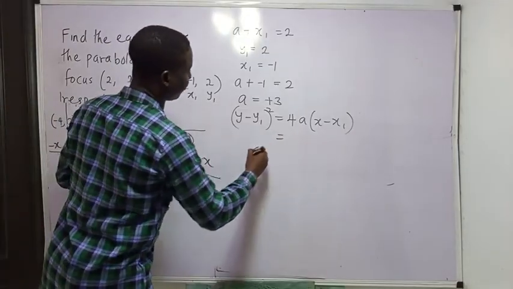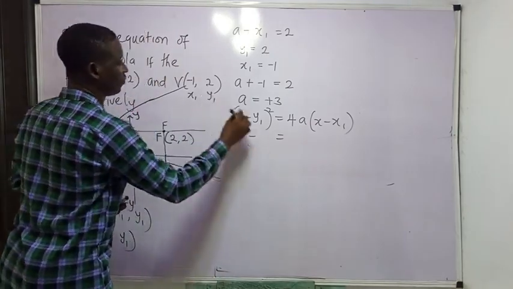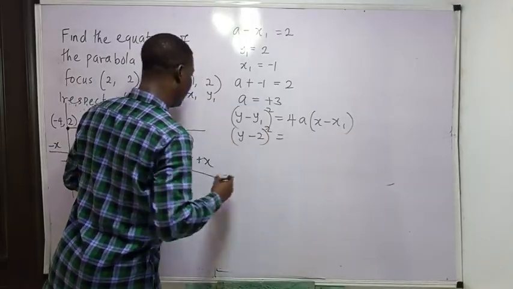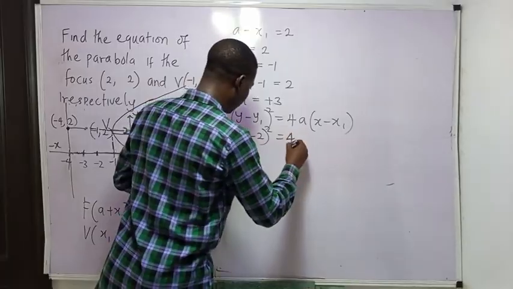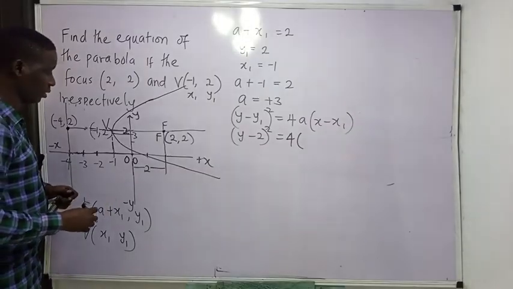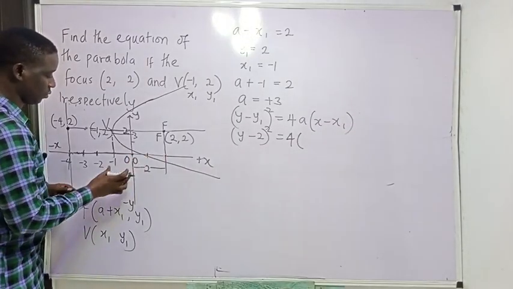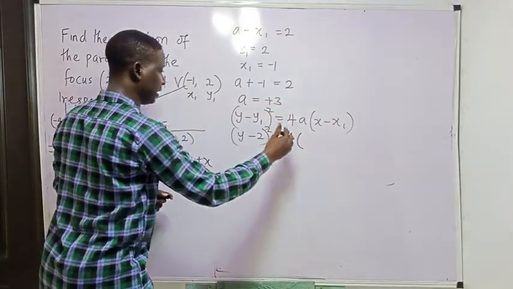So in that case, our final answer will be y minus, what's our y1? 2, all squared, equals 4 into bracket. What's our a? Our absolute a value is, a is not 2, it is 3. We have solved for it. a is 3.